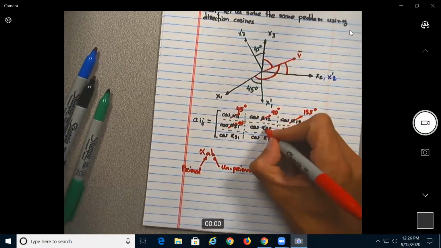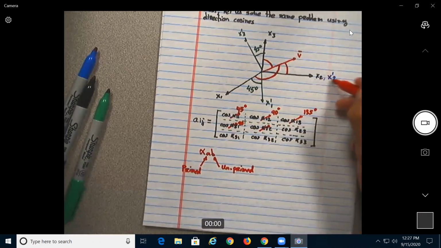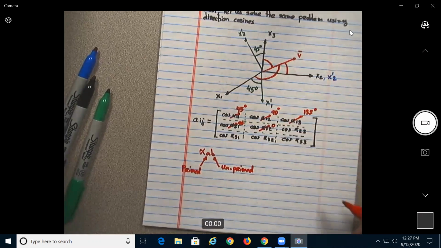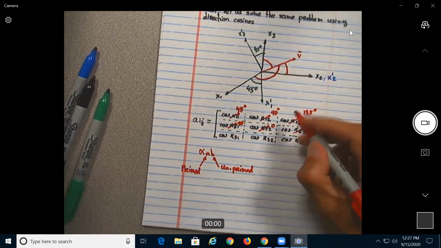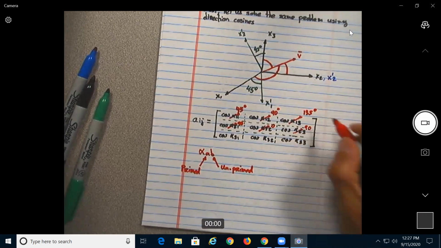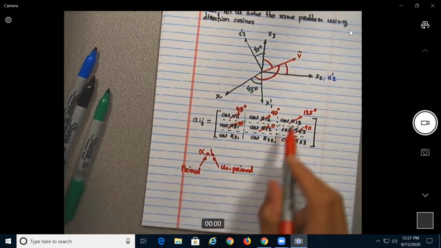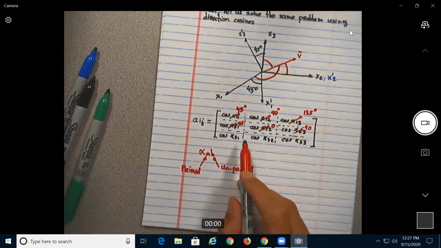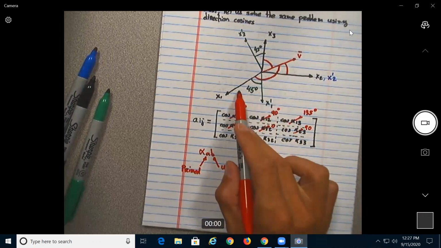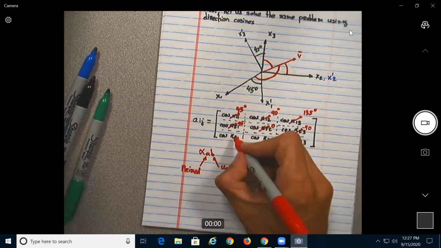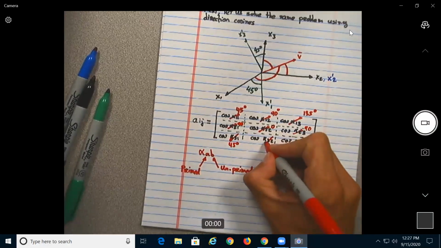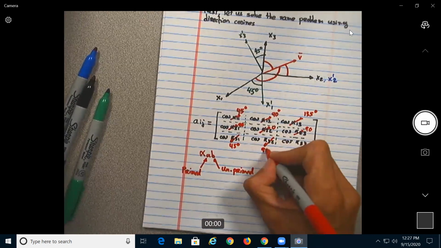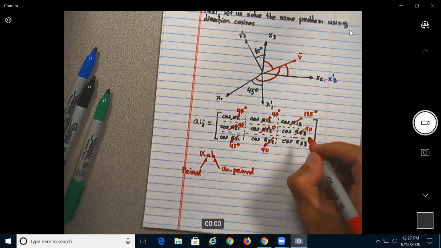Then this one, what would be this one? 0, because they are on top of each other, they are coplanar. Then this will be 90. Now 3,1 is given to be 45. 3,2 is 90. And 3,3 is 45.